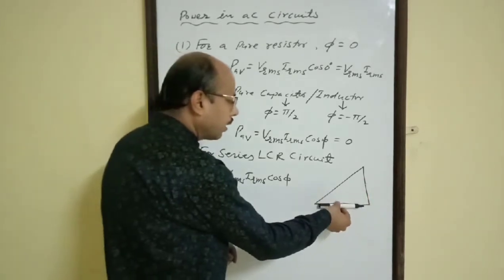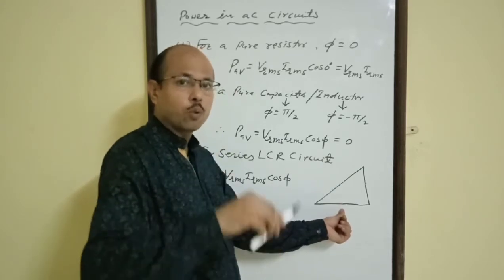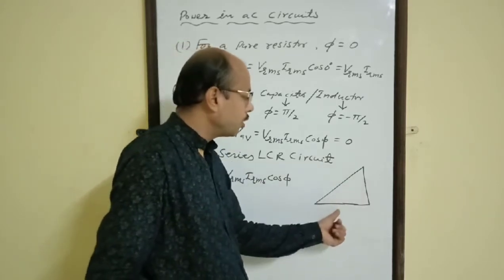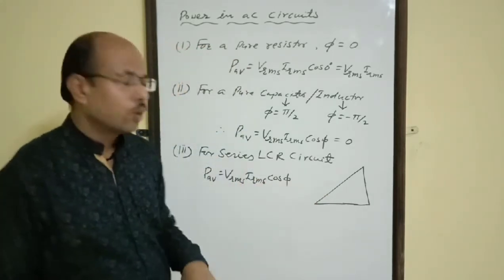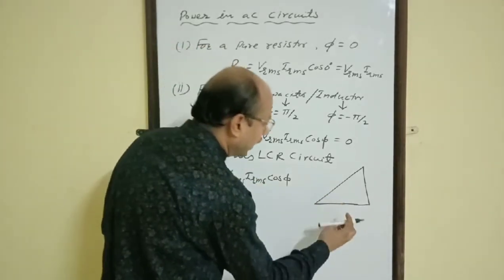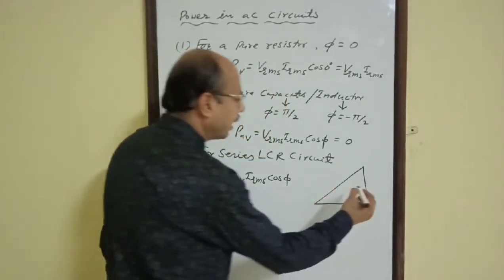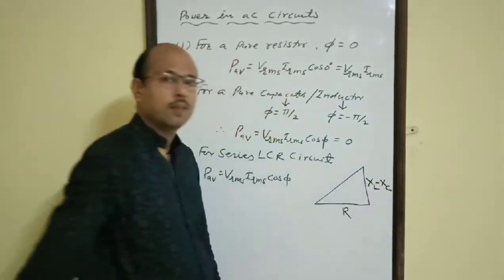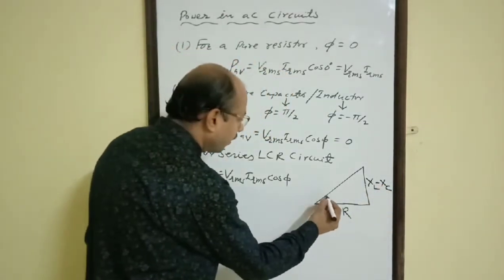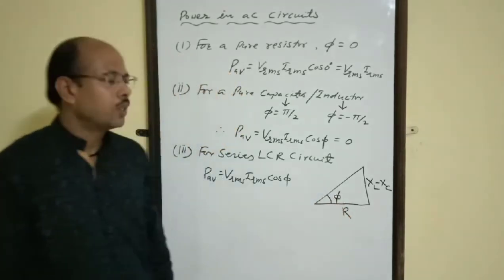This VR can be represented only by R, because current will be cancelled out when we take the ratio of any two sides of the triangle. Therefore, this side we can directly represent by R, and this side by XL minus XC. And this is phi, as you can recall from the phasor diagram of the series LCR circuit.